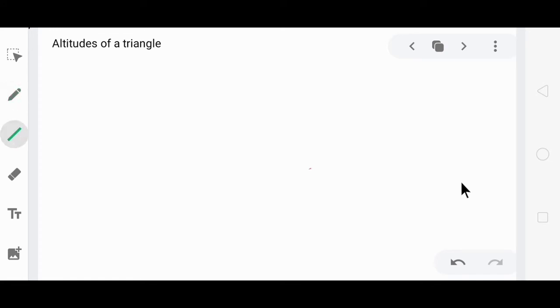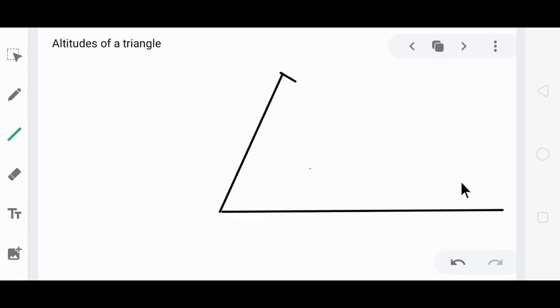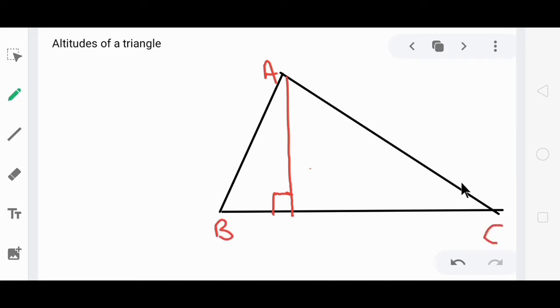In a triangle, if from a vertex a perpendicular line is drawn to the opposite side, then the line segment which is formed is called an altitude. Actually, altitude means height of a triangle.